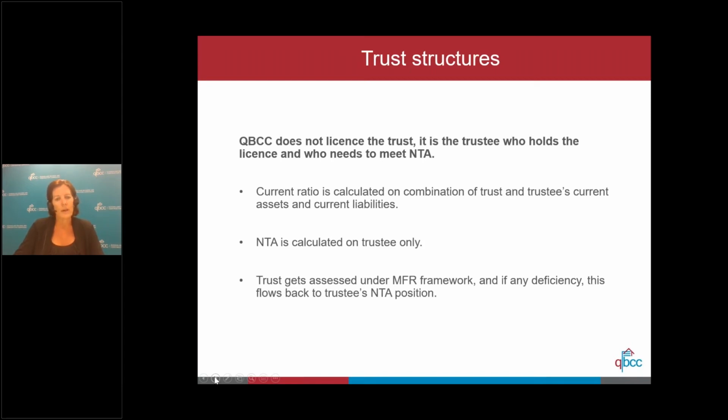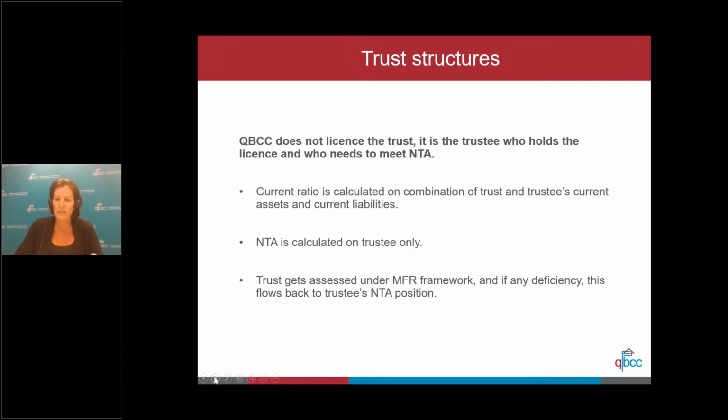So if the NTA of a trustee company is only the $2 of paid up capital, or $10, then a deed of covenant may need to be required from a director to meet the net tangible asset requirement. If the trust is set up to protect assets, but the director still has to personally guarantee their assets to the trustee, that might defeat the purpose of setting a trust up in the first place.